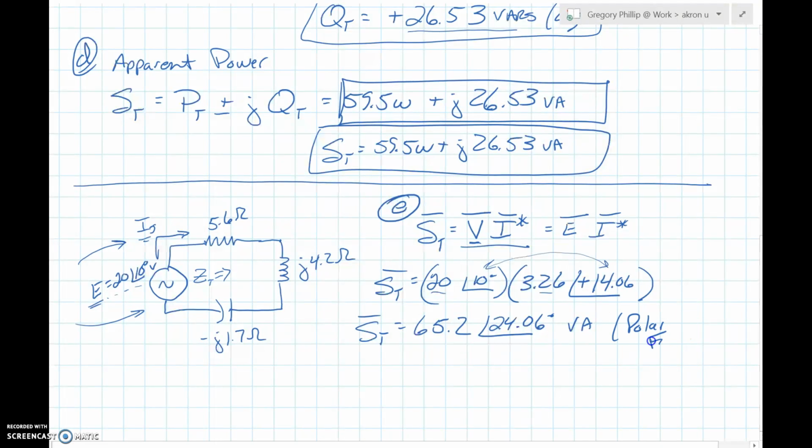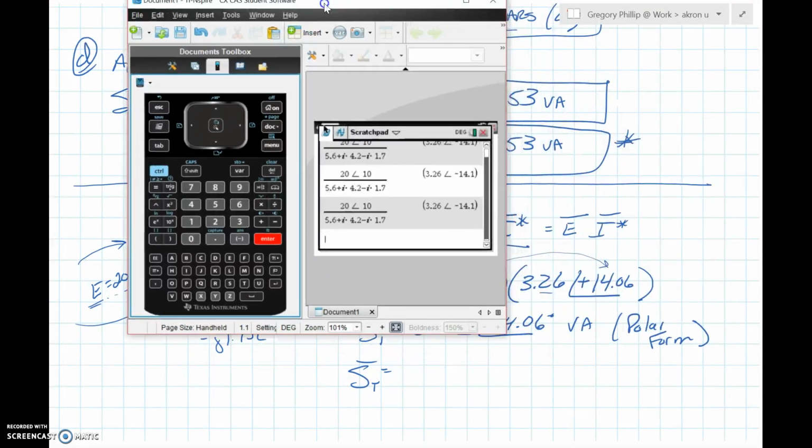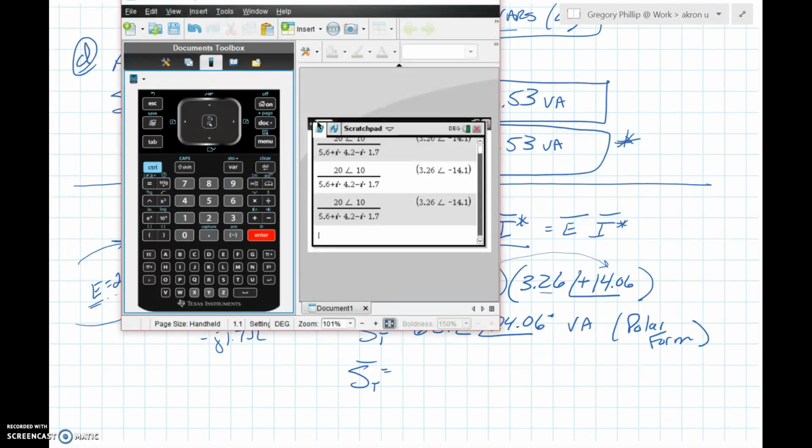And what happens is, if I change this to rectangular form, you'll see that I'll get the same answer as I got up here. Let me go ahead and enter those numbers in so you can see them.